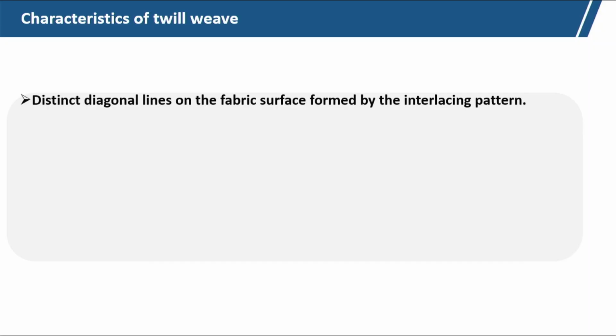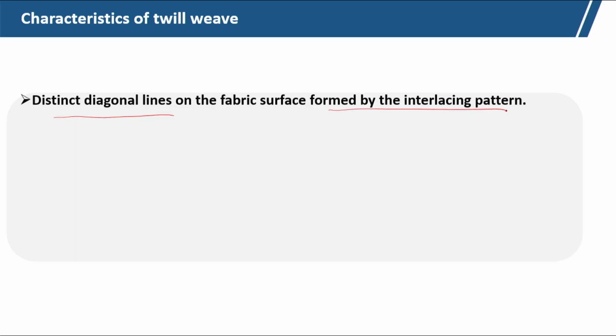The characteristics is here distinct diagonal line. So, twill weave is characterized by a distinct diagonal line on the fabric surface formed by the interlacing pattern.